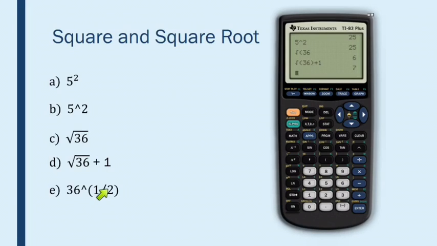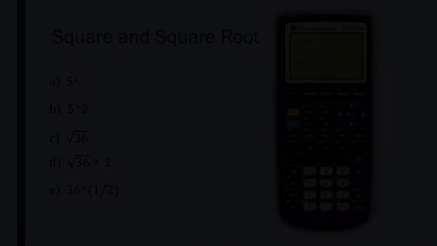We want 1/2 to be the power. So we can come over here and say 36 to the power, parentheses, 1/2. You could also use a decimal value of 0.5. And of course you see that the 1/2 power of 36 is 6.